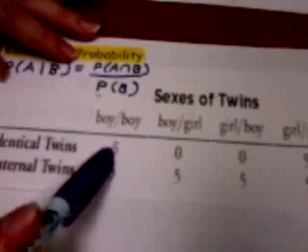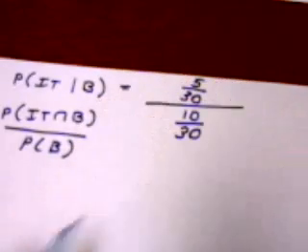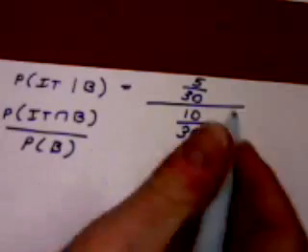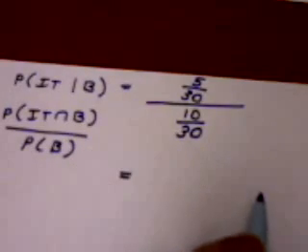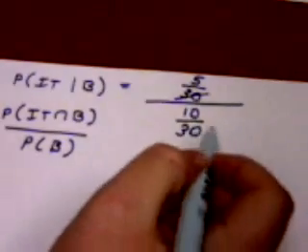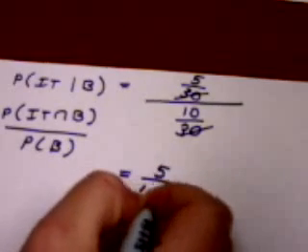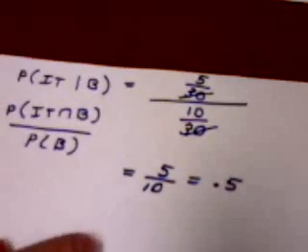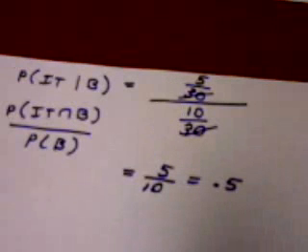Well, it's going to be this one. So it's 5 out of 30. That's your numerator. Notice when you do conditional probability, you're going to have a fraction over a fraction. Well, the good thing is they should be the same denominator. They're going to cancel out. And you're going to get 5 out of 10, which is 1/2, or 0.5. Okay, that's the idea of how conditional probability works.